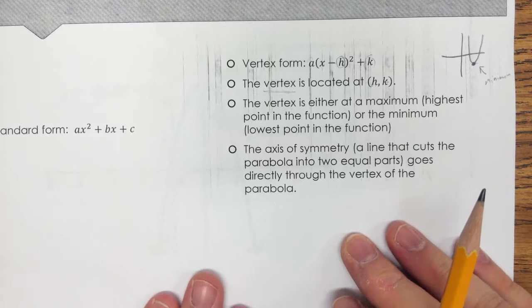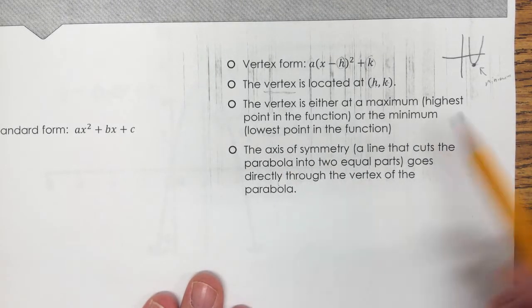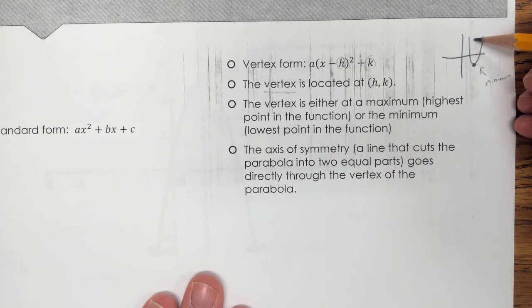There's also something called the axis of symmetry. And the axis of symmetry is a line that cuts the parabola into two equal parts. So if you remember from geometry, a line of symmetry is just kind of like, if I folded that over in half, then it would be equal on both sides. And that's the axis of symmetry. And it goes directly through the vertex of the parabola.